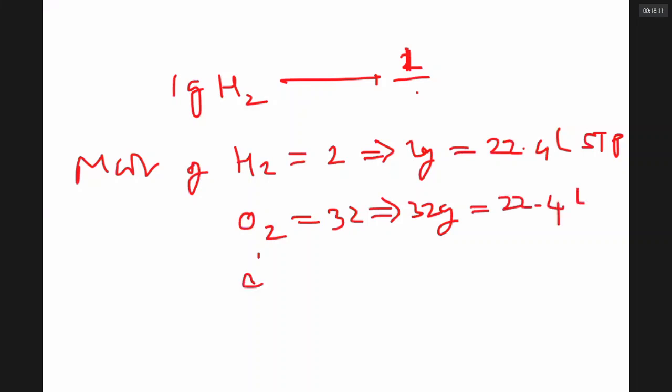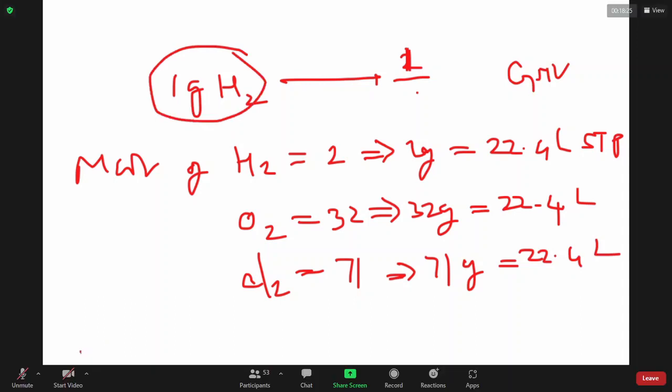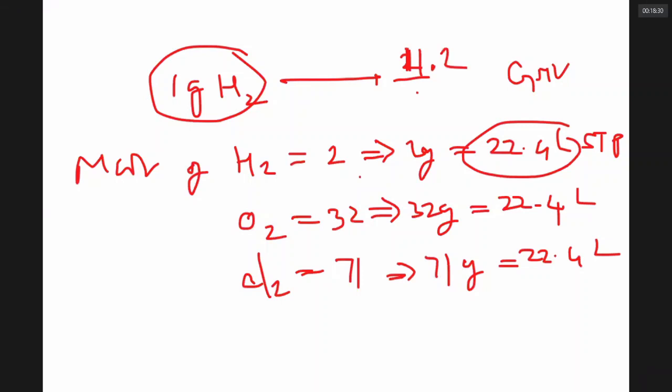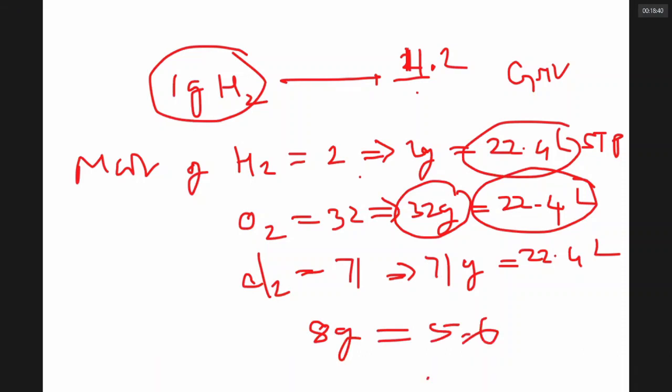Chlorine molecular weight is 71. It implies 71 grams of chlorine occupy 22.4 liters. This is the gram molar volume. If you are having only 1 gram of hydrogen at STP, 2 grams is equal to 22.4, so 1 gram will occupy 11.2 liters. 32 grams of oxygen at STP occupy 22.4 liters, so 8 grams of oxygen occupy 5.6 liters.